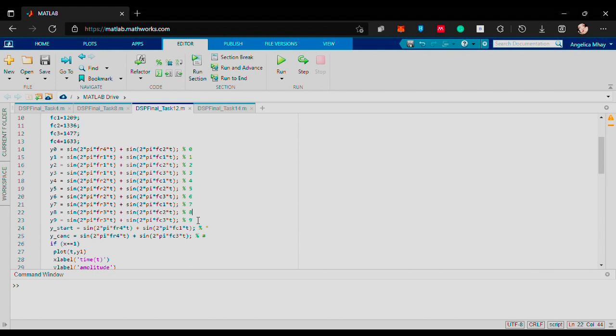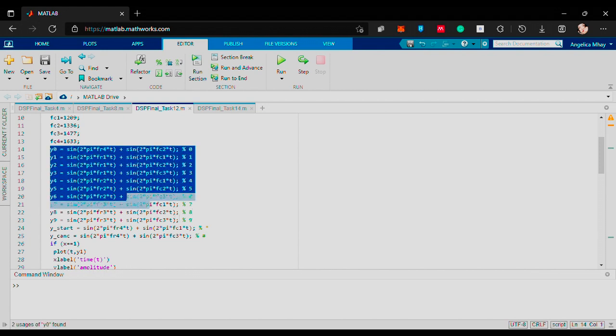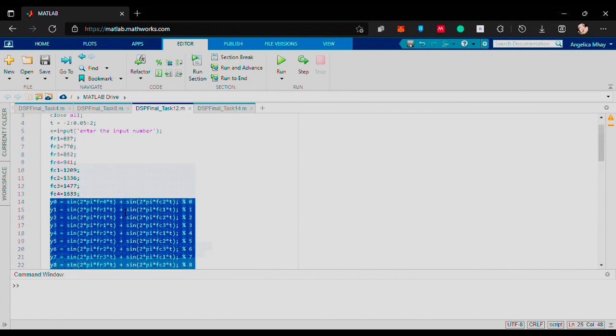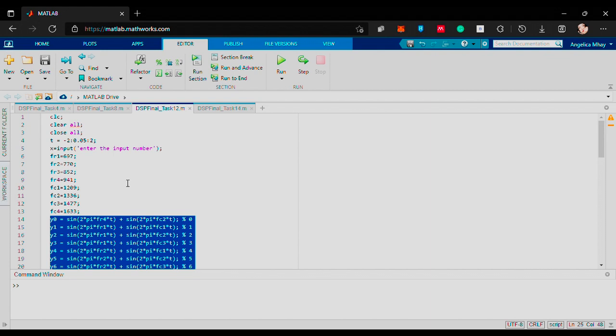Each value has an equivalent formula based on the table. It can be observed in the code establishing the input signal to represent each value on the y variables. So these are the y variables that we have, and this is the code.